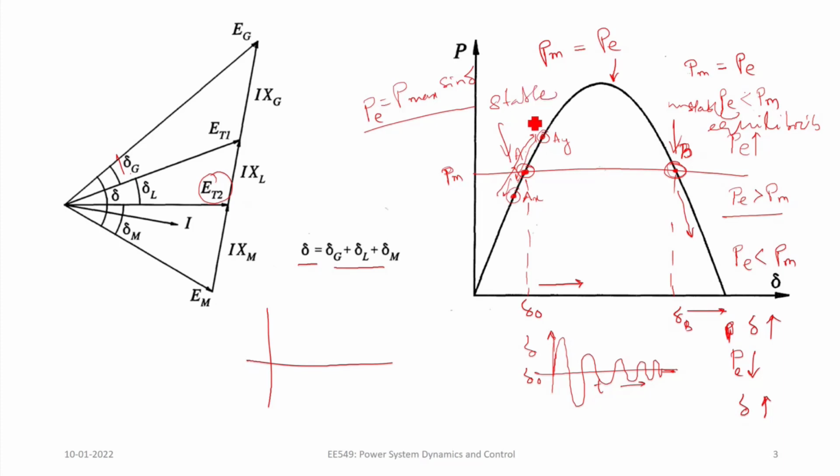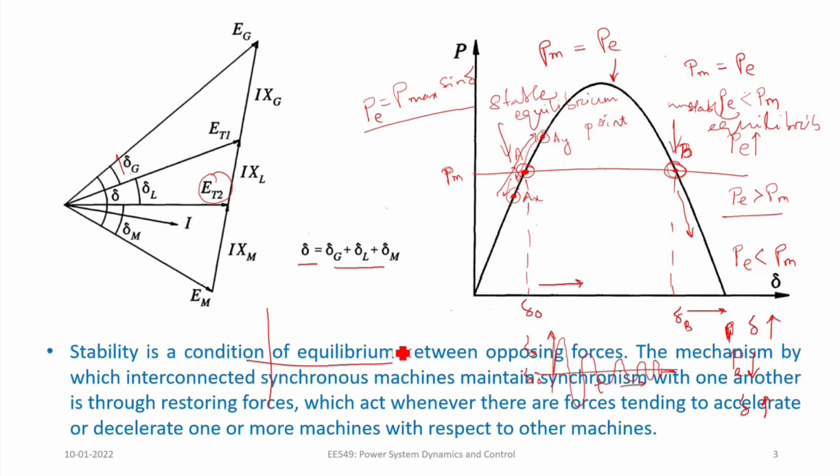So this is a very basic analysis of the stable equilibrium point in the power system. This is explained further. Stability is a condition where there is an equilibrium between opposing forces.